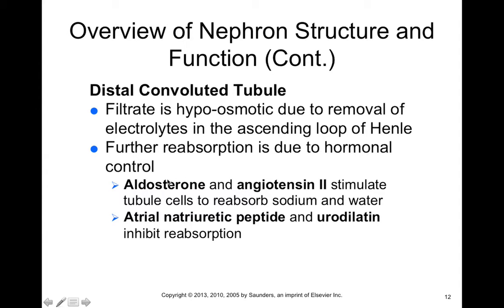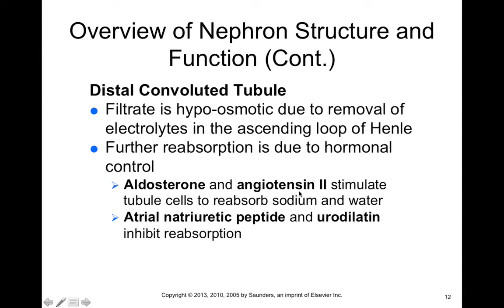Aldosterone is released from the adrenal cortex, but it acts on the distal convoluted tubule to help reabsorb sodium. And we've learned earlier that if you reabsorb sodium, then you also reabsorb water, because water follows those solutes. So by reabsorbing sodium, you can also reabsorb water and help retain that water. This can help increase blood pressure by increasing blood volume.